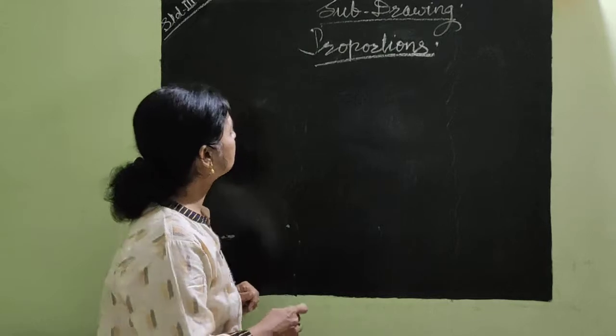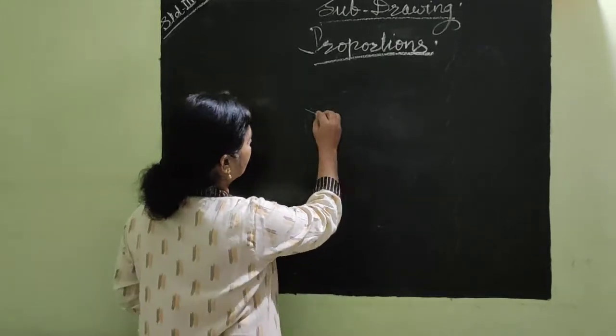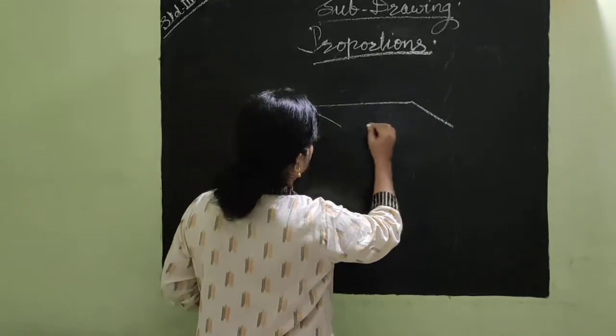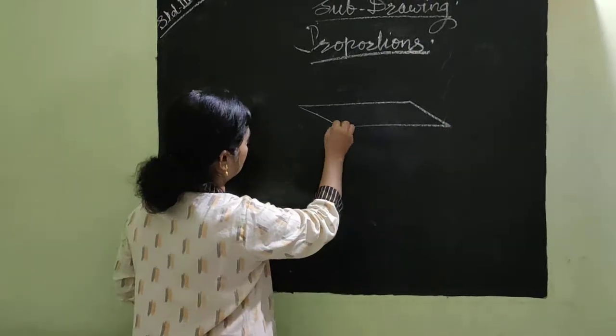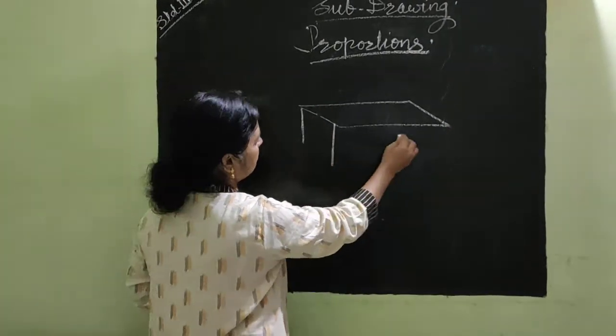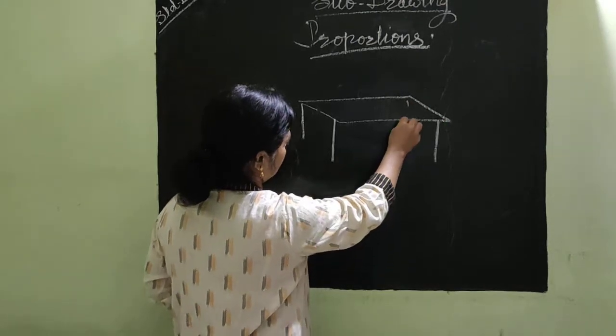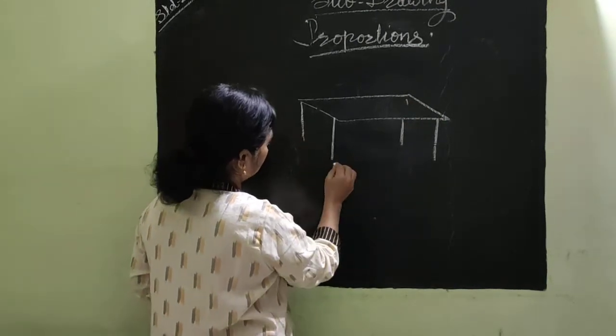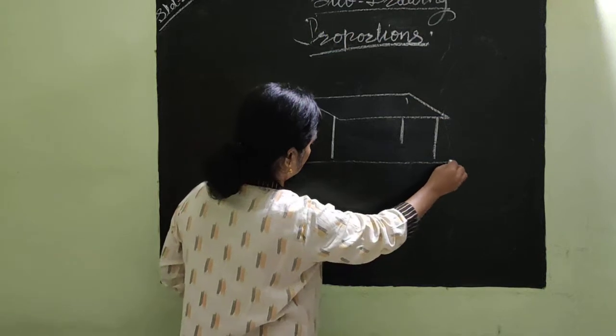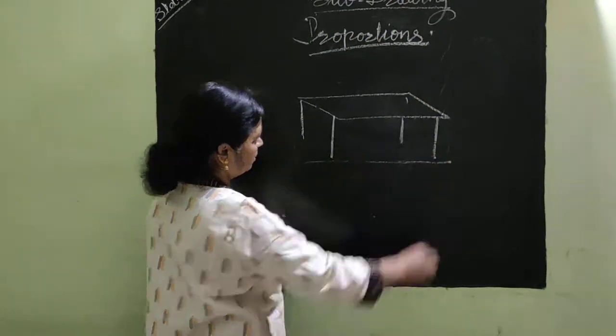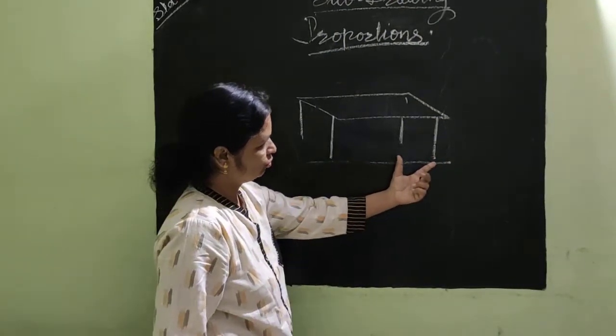If we take the example of a table, it has 4 legs. So what about these 2 legs?